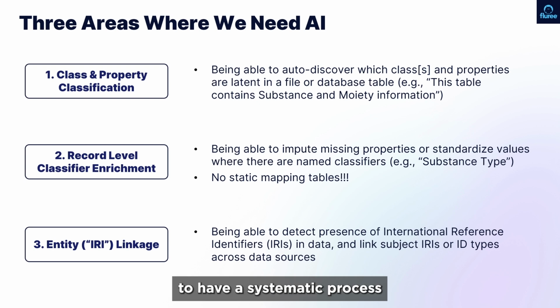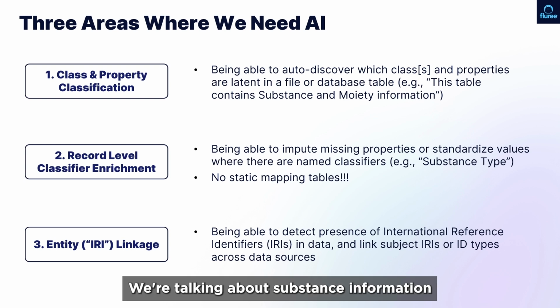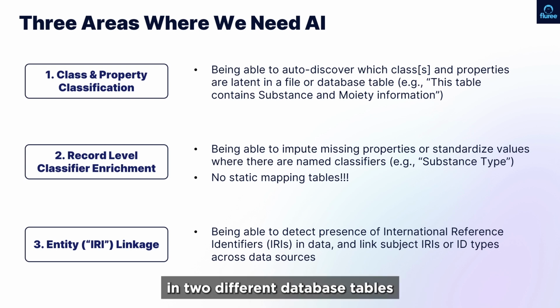And we're going to need a systematic process for going through and saying, hey, I just noticed that we're talking about substance information in 2 different database tables or 2 different database sources, but one system has a unique ID for this substance, and the same exact substance has a completely different ID in a different database source. And we need to be able to programmatically connect the dots and link it together.